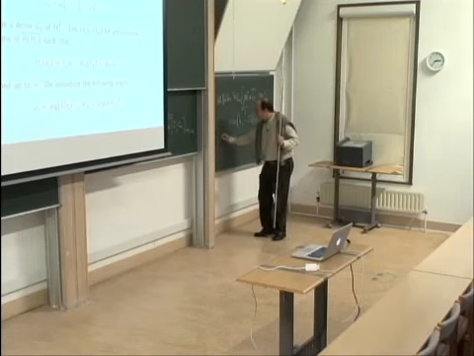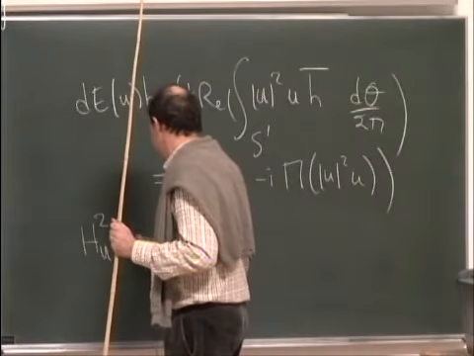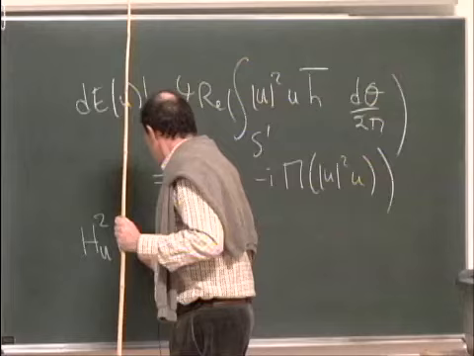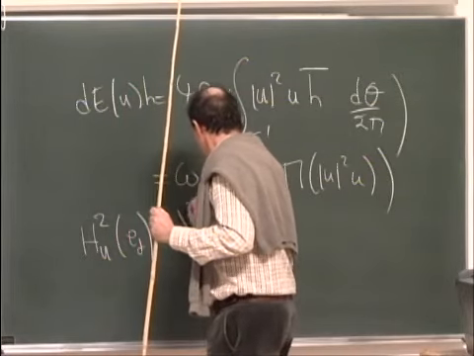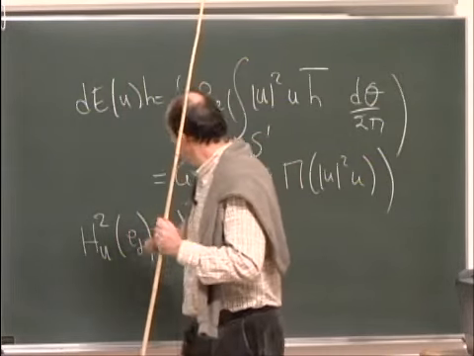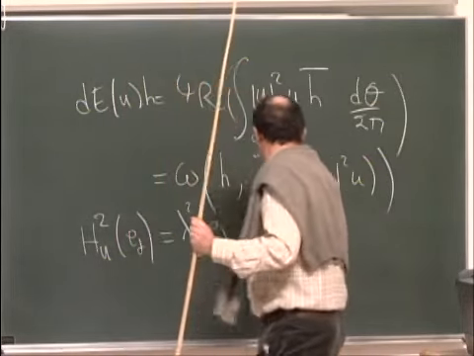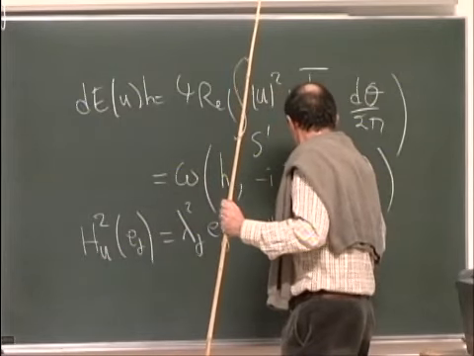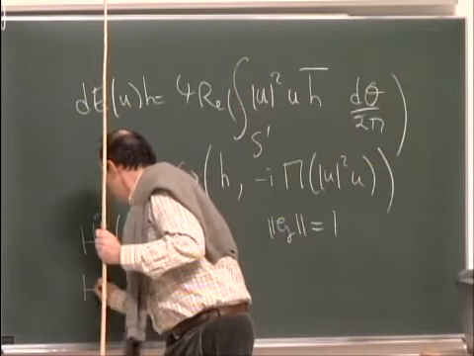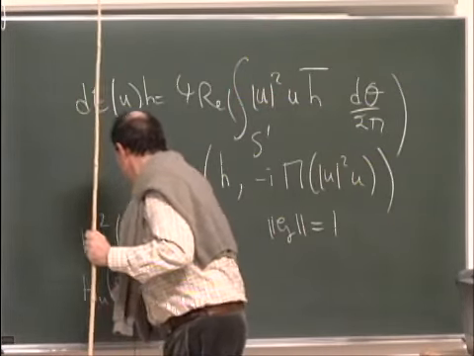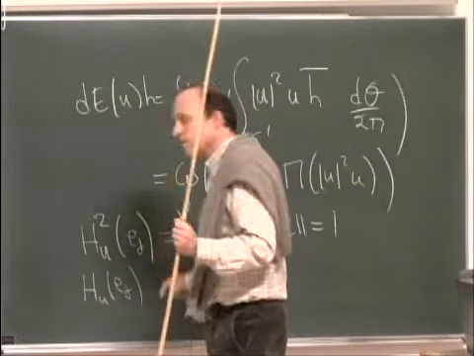If you look at this eigenfunction formula for some eigenvector which is of norm 1, and if you look at HU of EJ, of course HU of EJ also satisfies this formula.